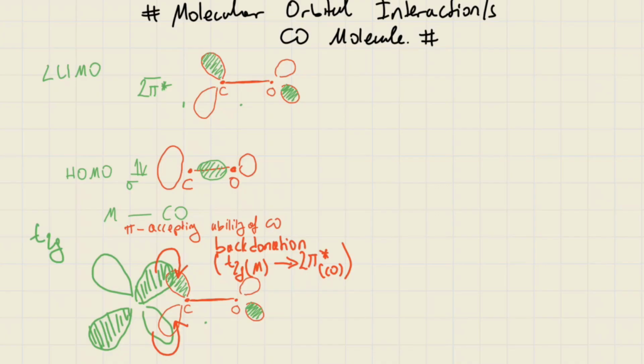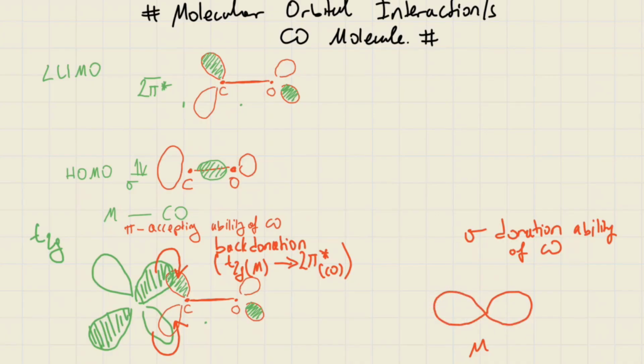And the other case is the sigma donation ability of CO. We have again a similar thing, but in this case we are using different molecular orbitals. So we have a metal, and for instance we can use the dz square.